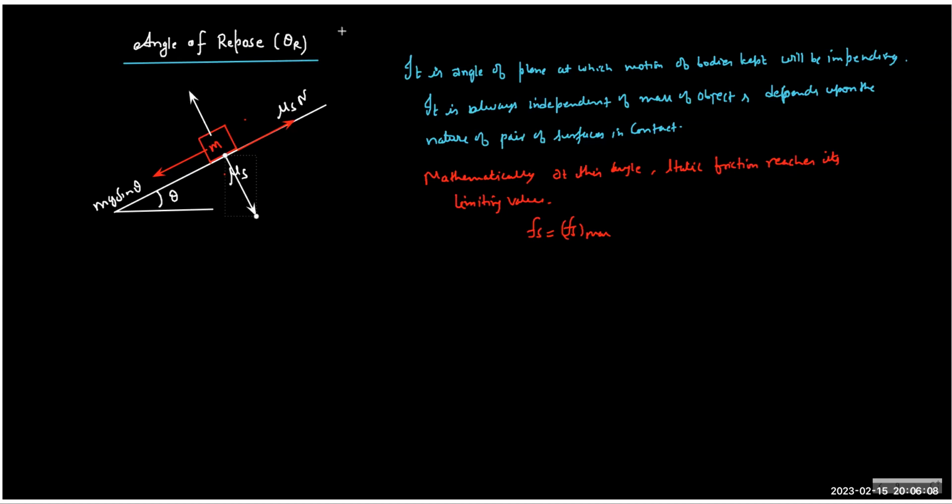N is mg cos theta. So when theta is theta r, then N is mg cos theta, and you can just start with the equilibrium.